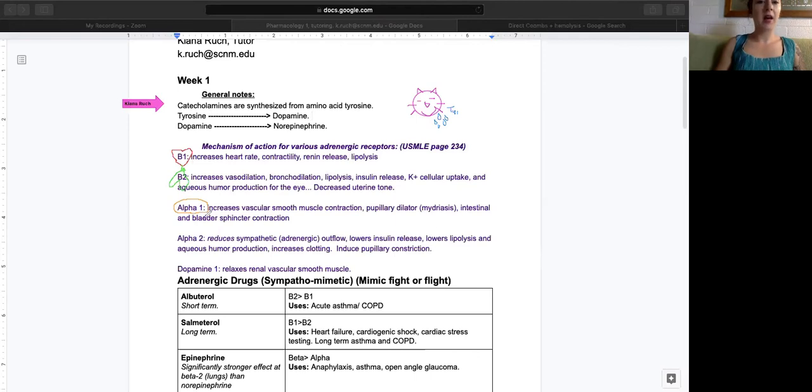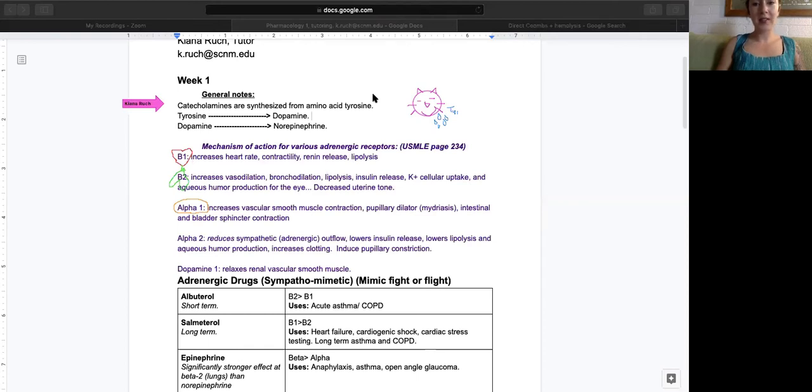Intestinal and bladder sphincter contraction, because it's creating that sympathetic response through alpha 1. So fight or flight, you don't want to be going to the bathroom when you're trying to run away. Am I wrong? I don't think I'm wrong. So alpha 1, bladder, and intestines kind of stop their flow.